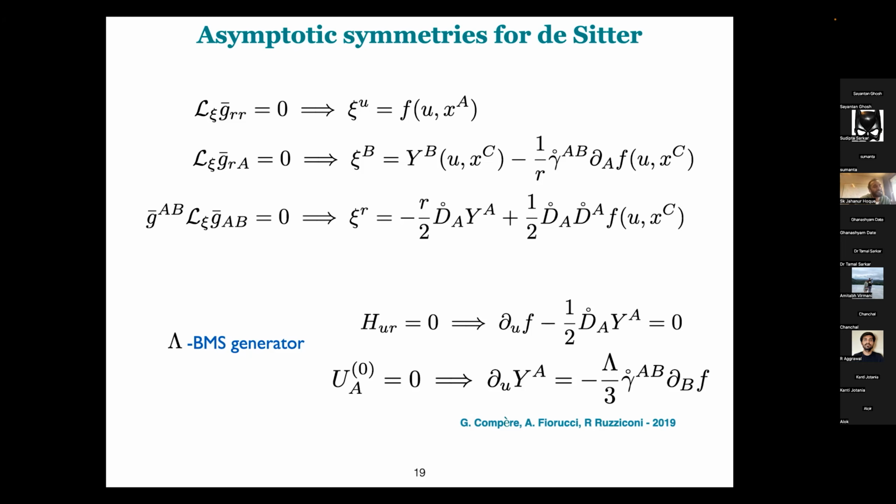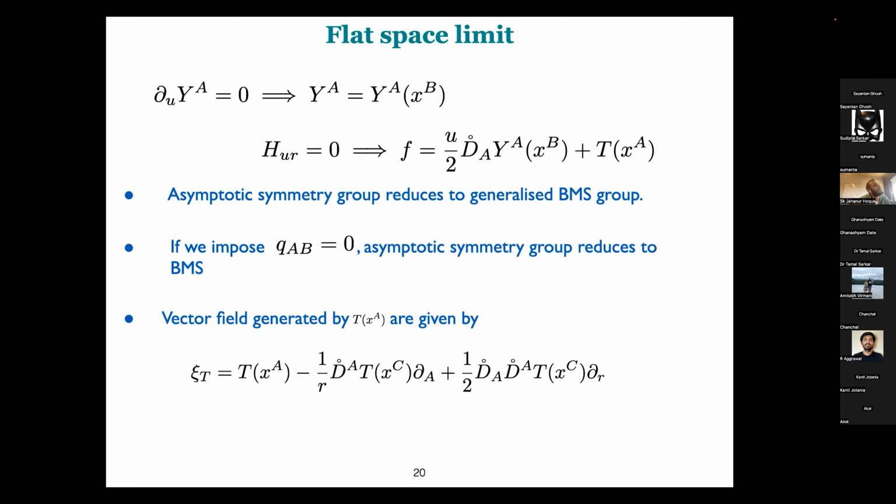But even if I take lambda to 0, the second equation tells me Y^A becomes u independent. Yeah, so if you take lambda goes to 0, then it just reduces like this, right? What you are saying. But then I go back to the first equation and it still tells me that f is dependent on the divergence of Y somehow. No. So the lambda equals 0 flat space limit is here, right? So once you have del_u Y^A equals 0, then Y^A equals okay.